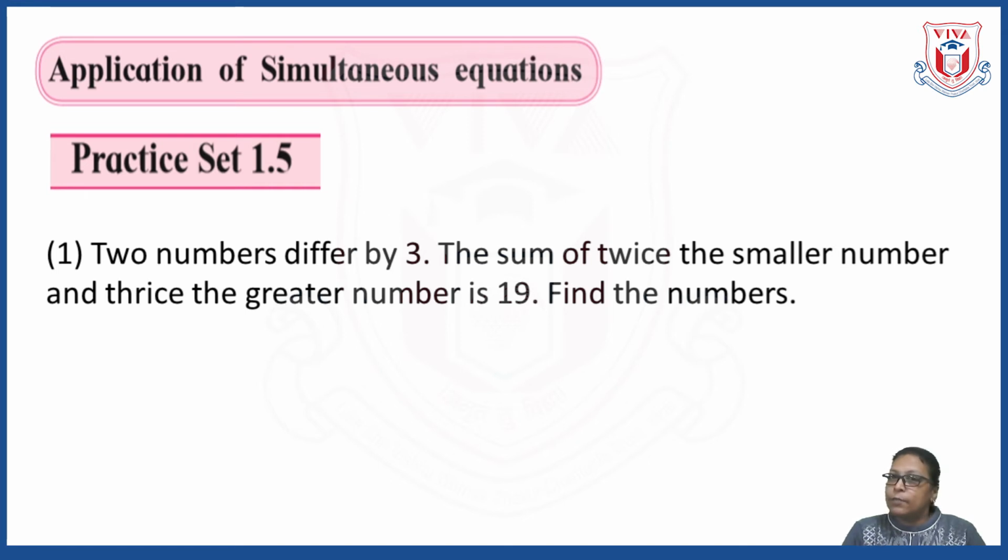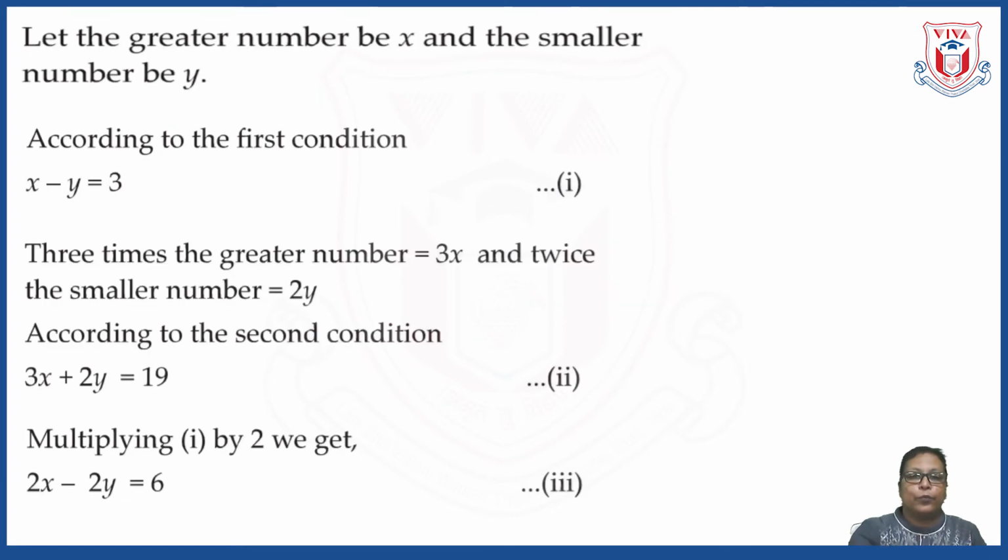But since smaller and greater is mentioned, you also mention which is smaller and which is greater. That is, if you are taking x as smaller, then take y as greater and vice versa. But mentioning it is very much important. Okay, so let us start now. So let the greater number be x and the smaller number be y, as I have said.